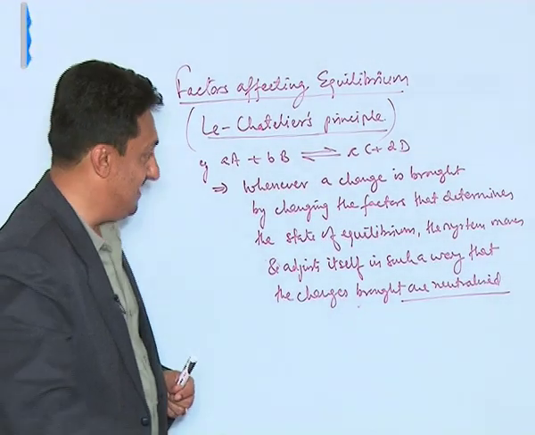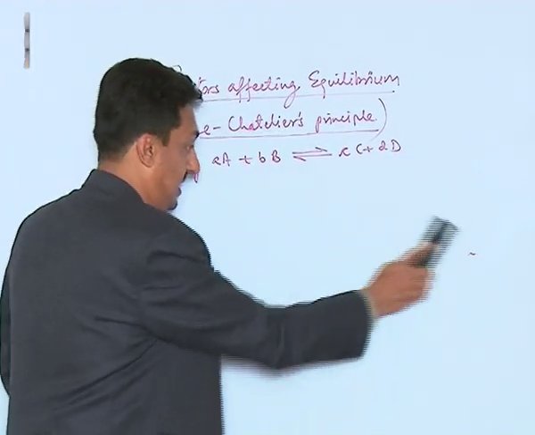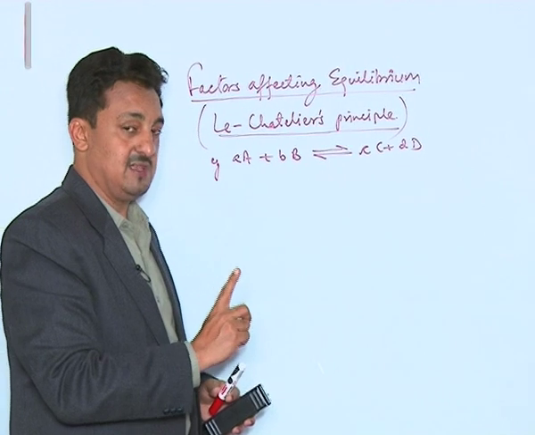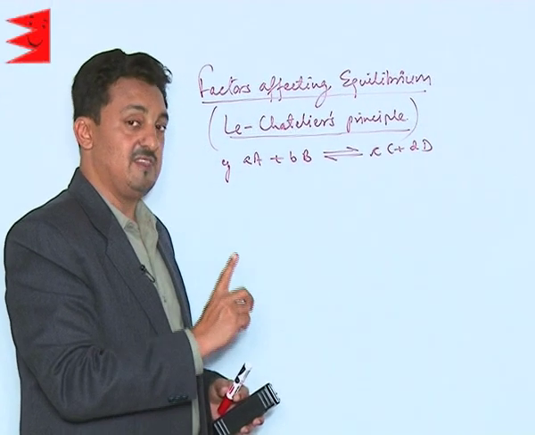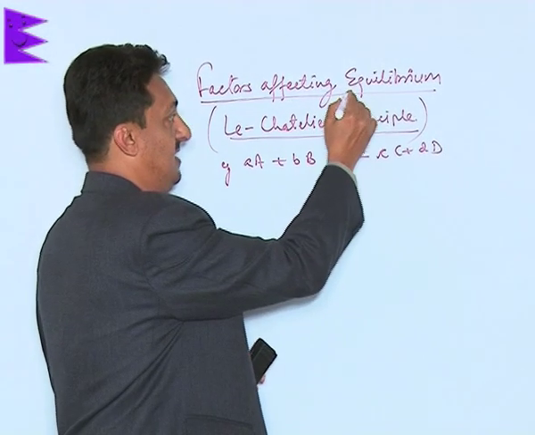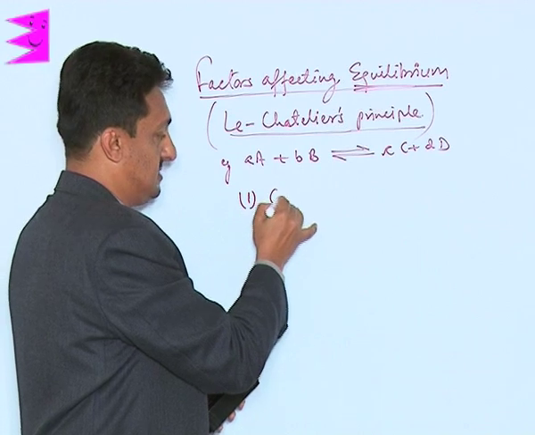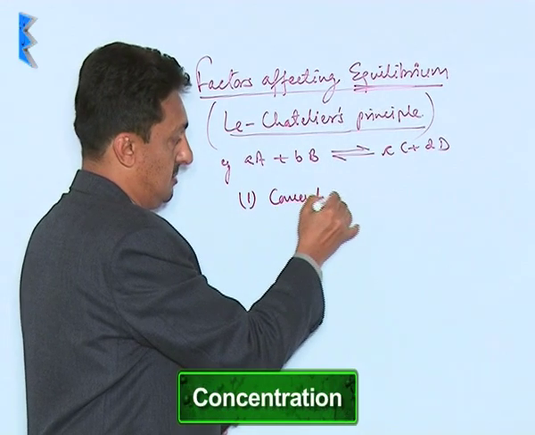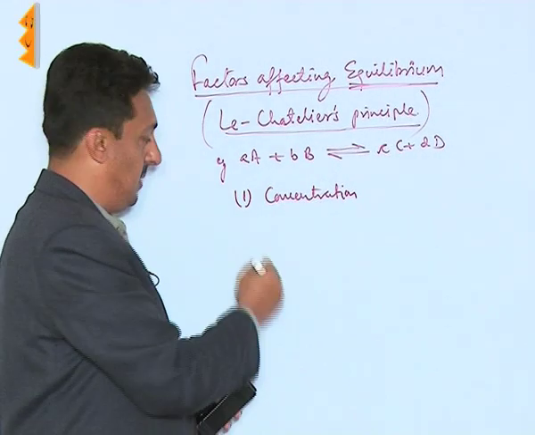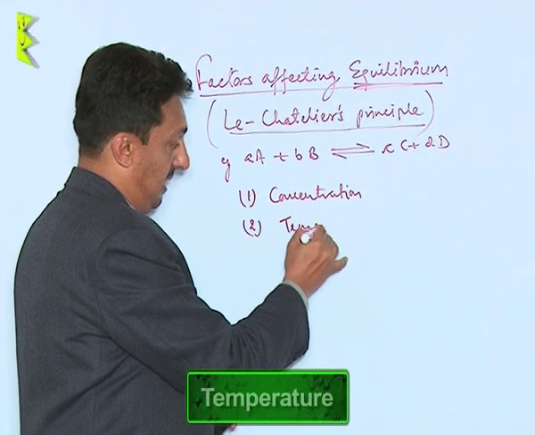Now first let us understand the factors on which the equilibrium depends. Remember, we are not discussing the factors which affect the equilibrium constant. We are only discussing the factors affecting the state of equilibrium. The first factor and the most important is the concentration. We will be taking them separately one by one. The second is the temperature.